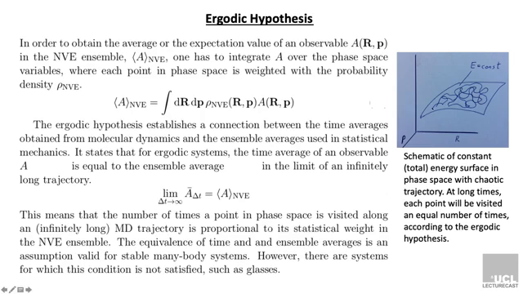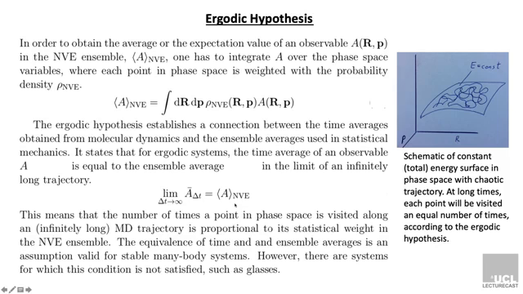Then the trajectory basically samples all points in space here on that isosurface, and each point equally often. Okay, this is what the ergodic hypothesis says. So therefore, if that's the case, then the time average is equal to the ensemble average.